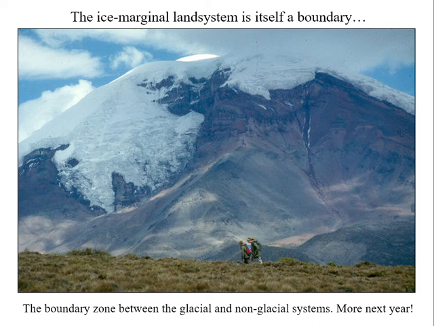But it shows very nicely what we're talking about. We have a glacial part of this environment, we have a non-glacial part of the environment, and if we're trying to identify our ice marginal land system, well, the whole land system really is defined as being the margin between this bit, which we know what that is, that's a glacier, and this other bit, well, we know what that is, that's not the glacier. So the ice marginal land system is slightly different from some of the other land systems that you'll be considering in this module, because it is itself a boundary.